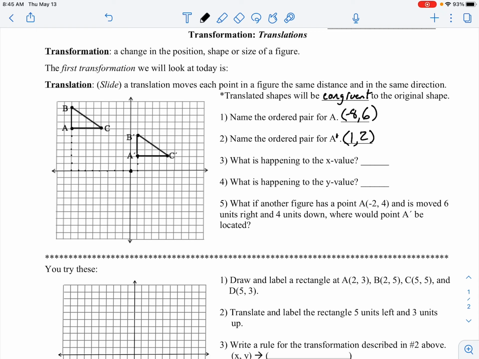So what happened to the x value? Well, it got bigger, right? That is because we are moving that shape to the right. As things move right, they get bigger.